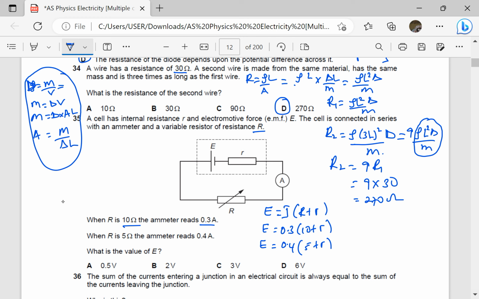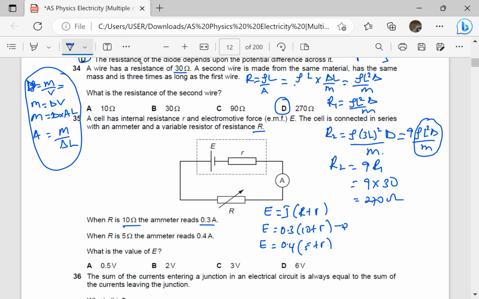Because I want E, I'll make small r the subject. Let me eliminate E by first of all finding small r.